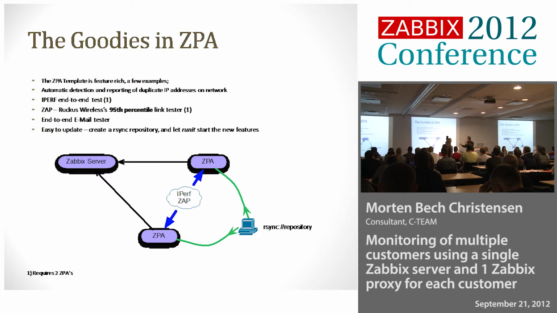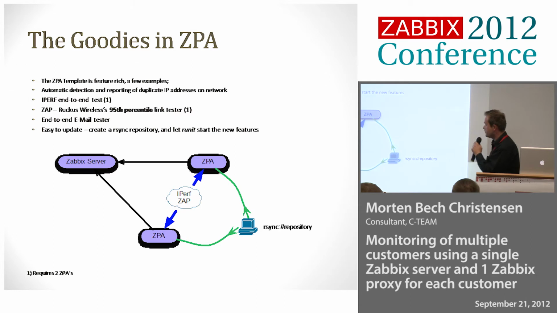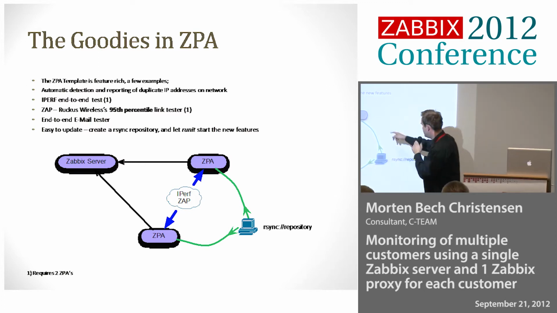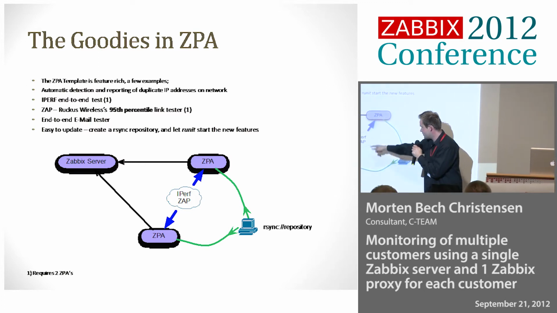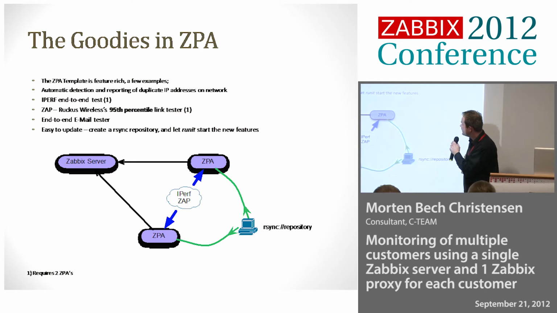When you just install the first ZPA, Zabbix Proxy Appliance, at the customer side, it will connect to the Zabbix server. You will attach a template to it, and it will automatically start detecting and reporting duplicate IP addresses. If you put in 2 ZPAs, maybe across a WAN link at your company, there will be an iPerf end-to-end test between the 2 ZPAs.